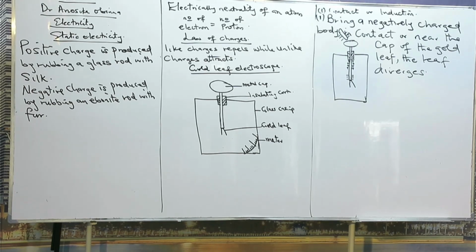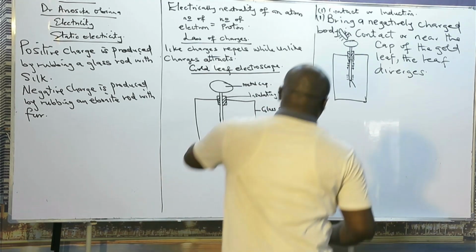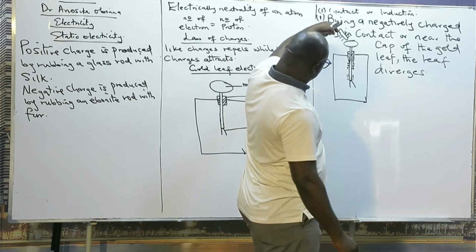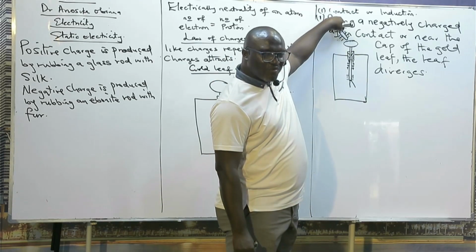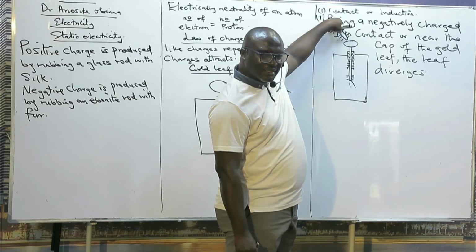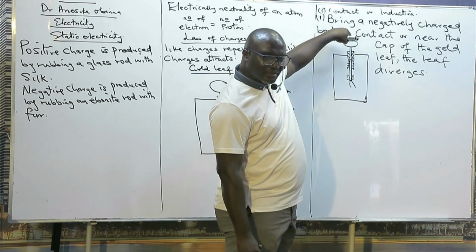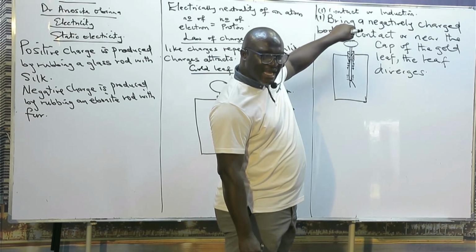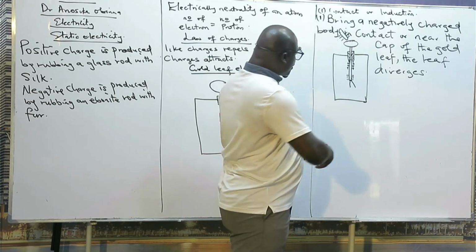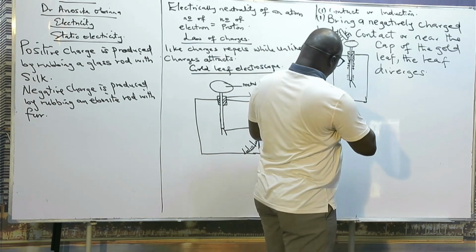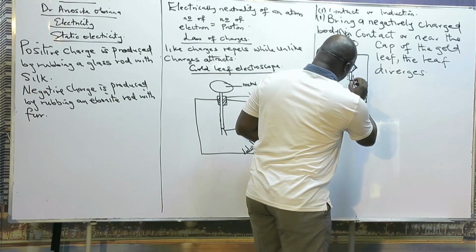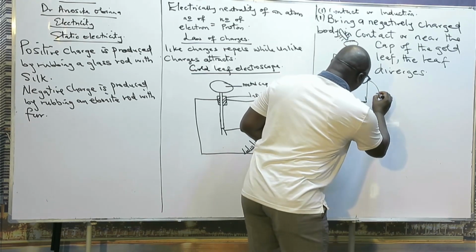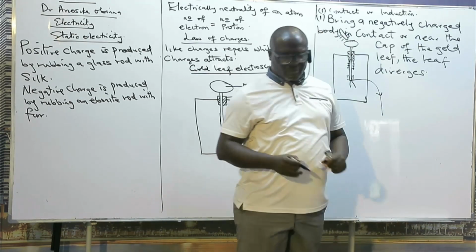If you earth the gold leaf while the charging body is still here, remember, you have not removed the charging body. The charging body is still in contact or near the cap of the gold leaf. You touch this with a wire to the ground. Now, electrons will flow to the ground.